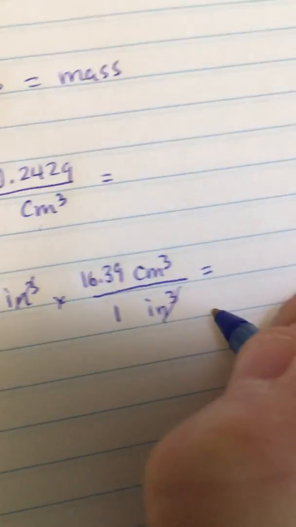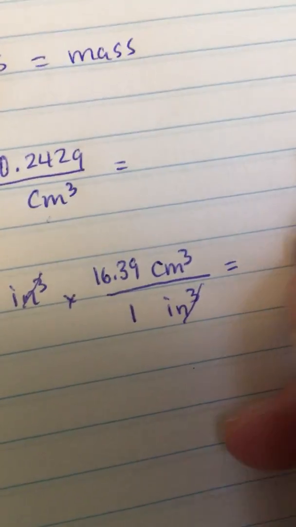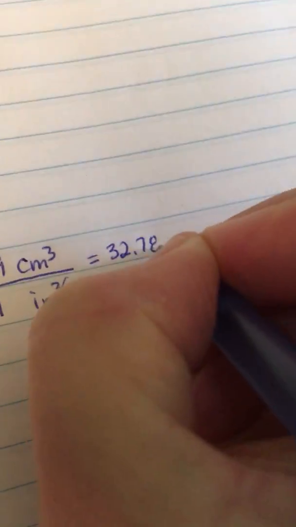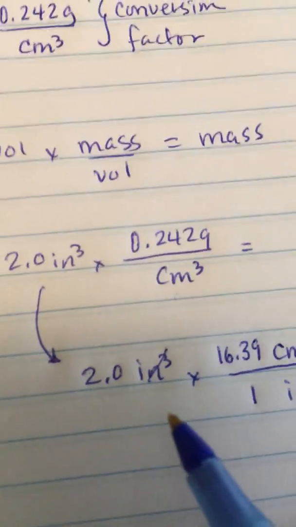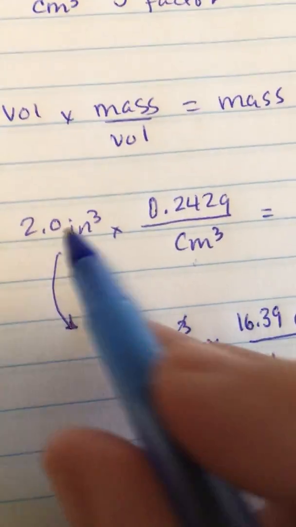So the cubic inches would cancel now. You now have your volume, which is 32.78 cubic centimeters.